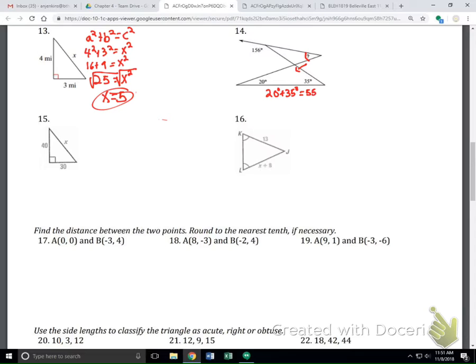And what am I going to do with that value? You're going to put it 180 minus 55. When we subtract, what do I get? 125. So this angle right here is 125.